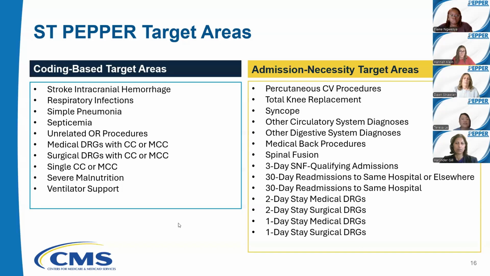Because these target areas focus on admission necessity, the short-term PEPPER only identifies high outliers for these areas.